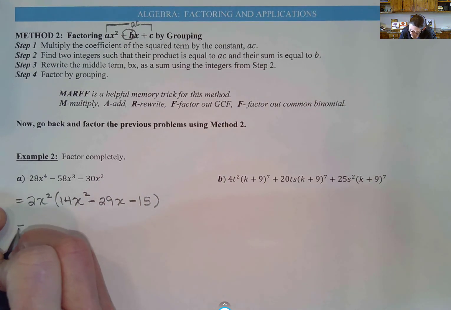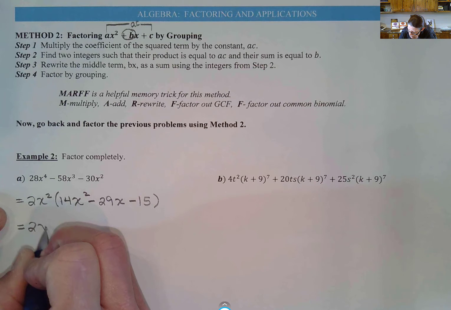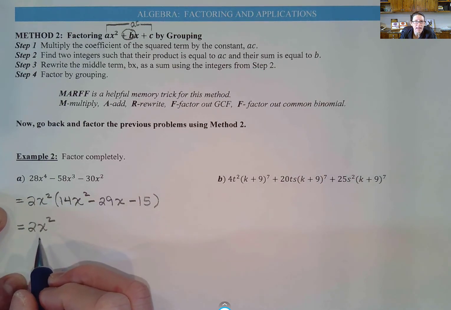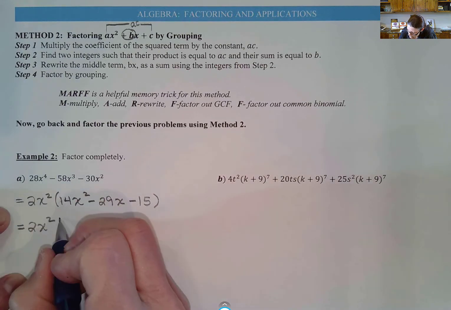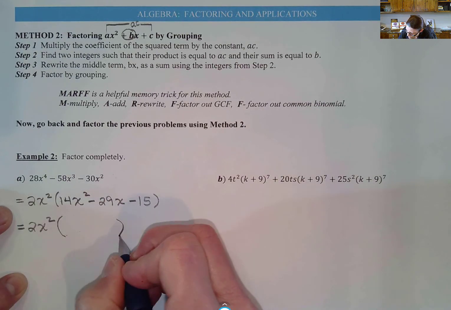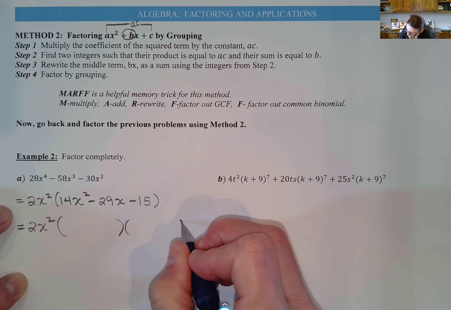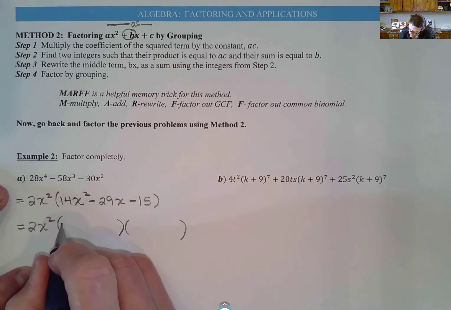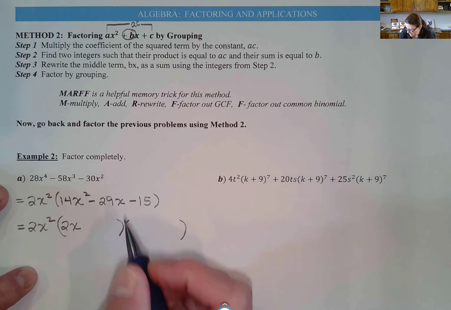I'm going to use trial and error. And for factors of 14, I'm going to start by trying the combo of 7x with the 2x. And for factors of 15, I'm going to try the combo of a 3 with a 5.